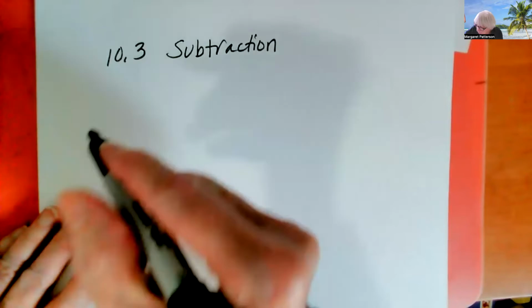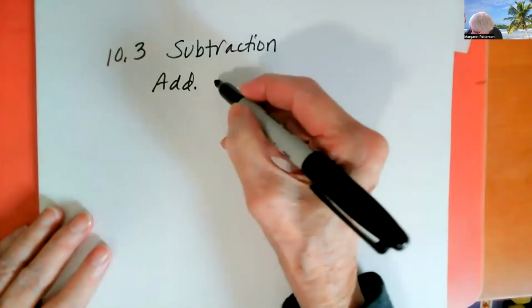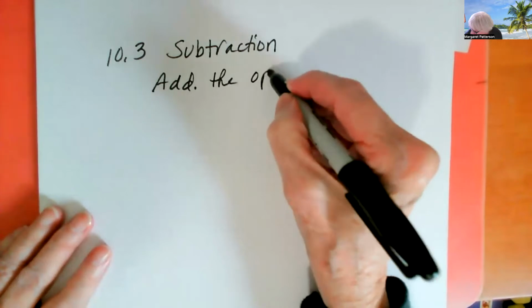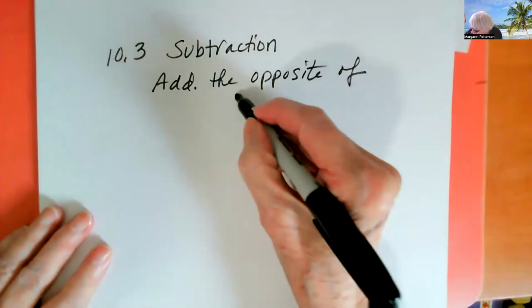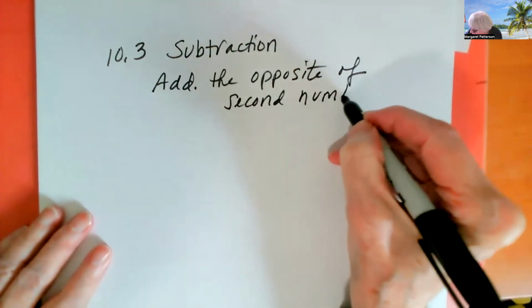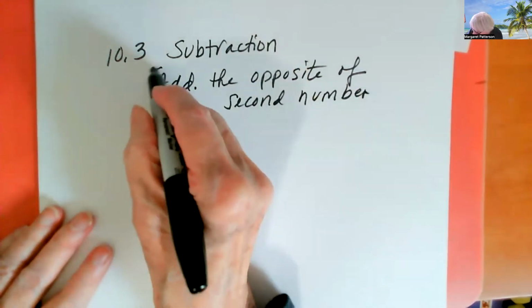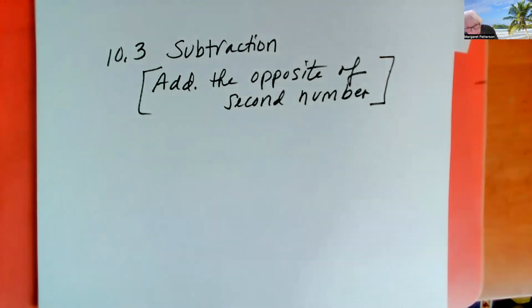And so we're going to change it to addition. We're going to add the opposite of the second number. This is one set of rules that will help us do subtraction.